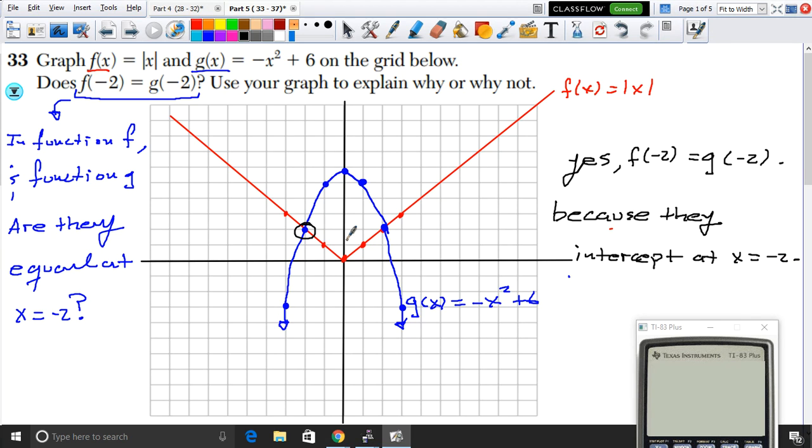So we graphed it individually and we saw what's going to happen at negative 2. We see that at x negative 2, both graphs intersect at that point. To be more specific, this is negative 2, comma 2. Because they do intersect, then we're going to say that f of negative 2 equals g of negative 2.